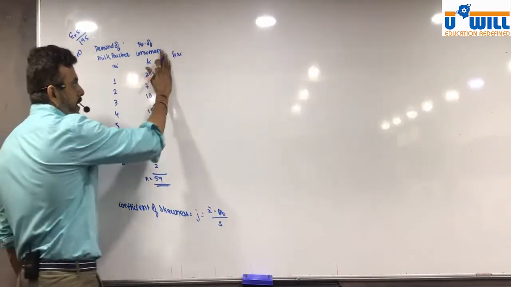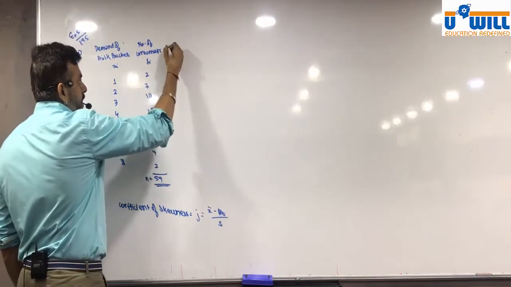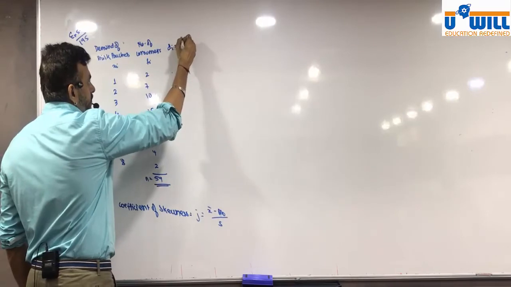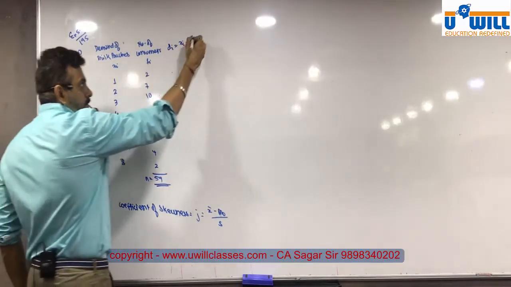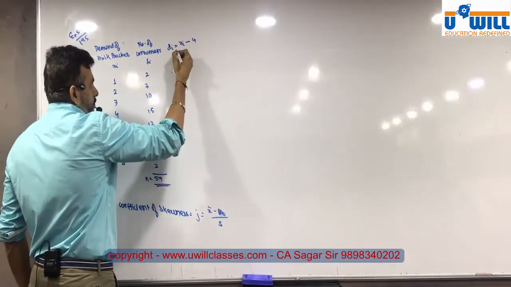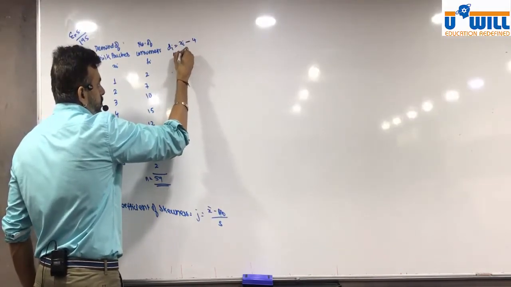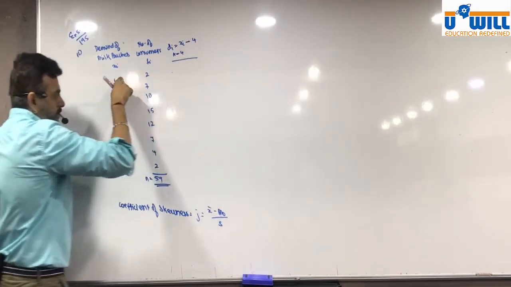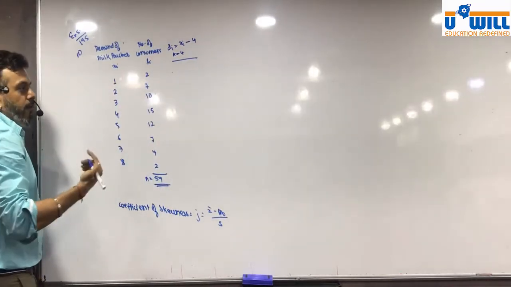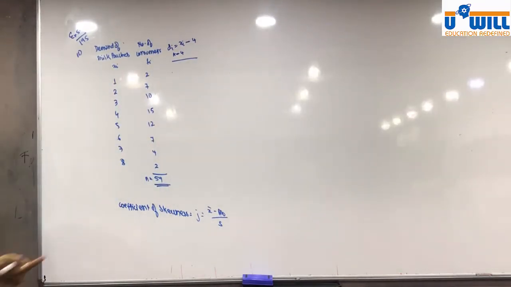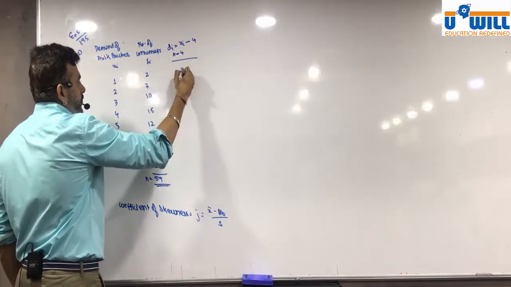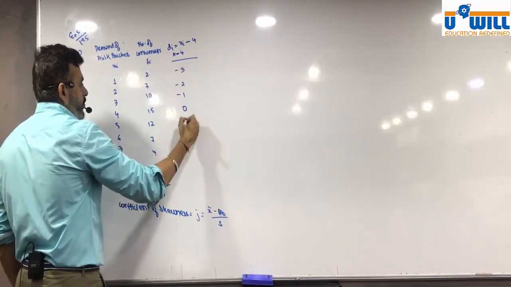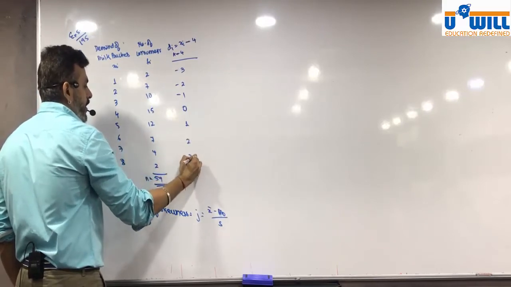Directly shortcut. Okay. So we take di is equal to xi minus a, assumed mean; we take 4. So a is equal to 4. Now the common difference is 1, so there is no need to divide by c. The di values are -3, -2, -1, 0, 1, 2, 3 and 4.